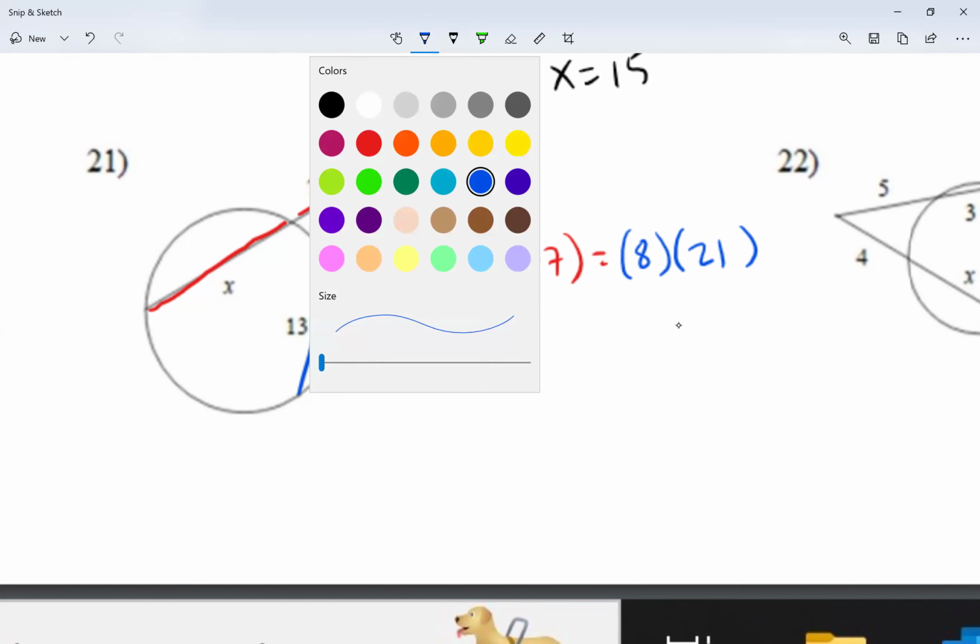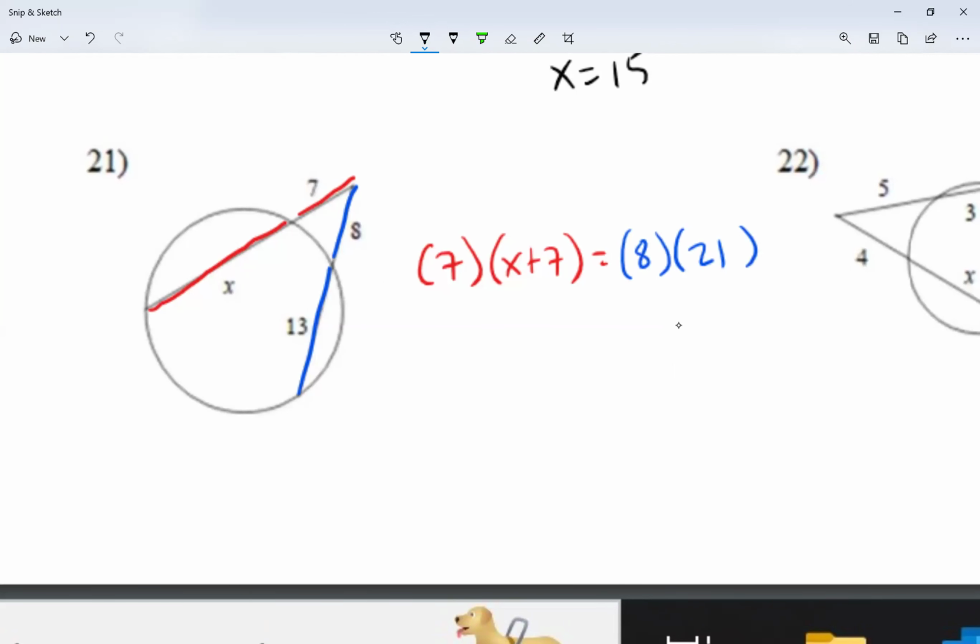Now, let me do this as a simple algebra question. 7 times x is 7x. 7 times 7 is 49. 8 times 21 is 168. I want to get rid of this positive 49. I'm going to move it to the other side. Don't forget to switch the sign. So it's minus 49.